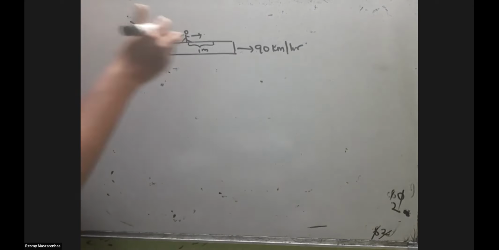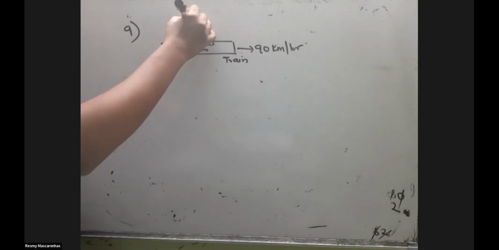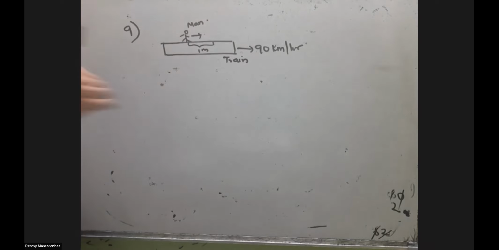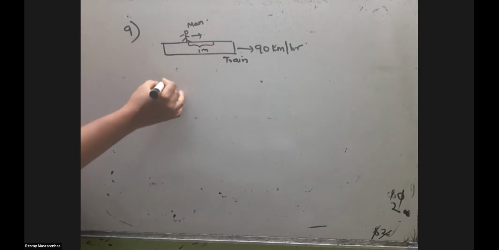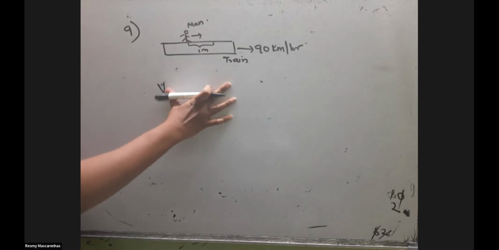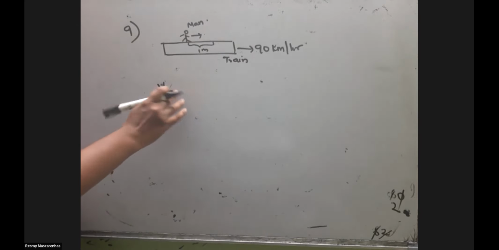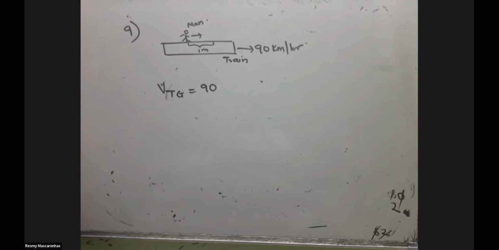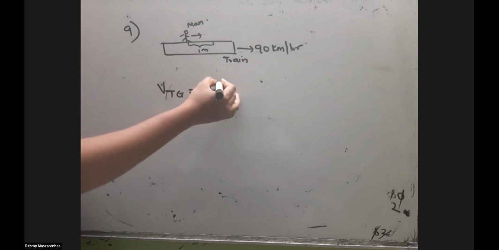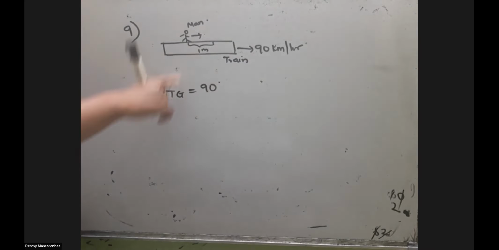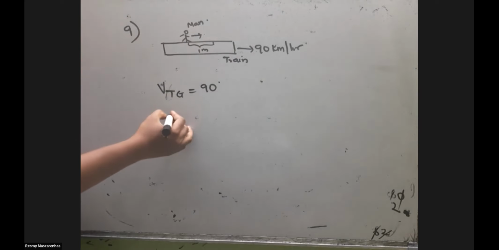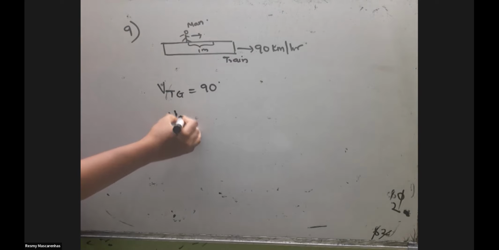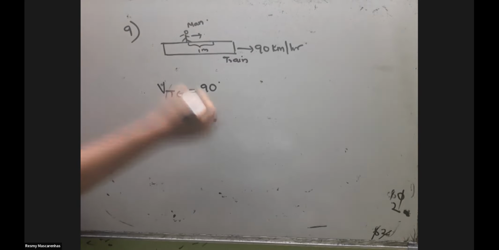So this is the train. This we'll consider man. So what is the velocity of train with respect to ground? That is 90 kilometers per hour. Now velocity of man with respect to train, we don't know.